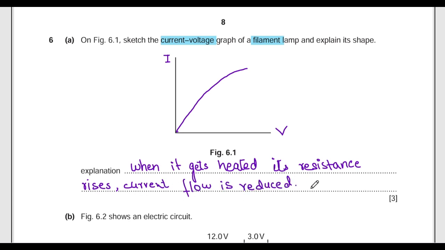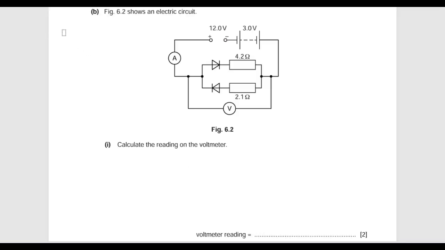Next question says that figure 6.2 shows a circuit in which there is a 12-volt battery and 3-volt battery, which are connected to resistors and diodes and a voltmeter as well. And we know that current flows from positive to negative terminal. So for this 12 volt, the current will flow in this direction and it will pass through this diode, but the other diode is reverse biased, so the current won't pass through it, it will block the current.